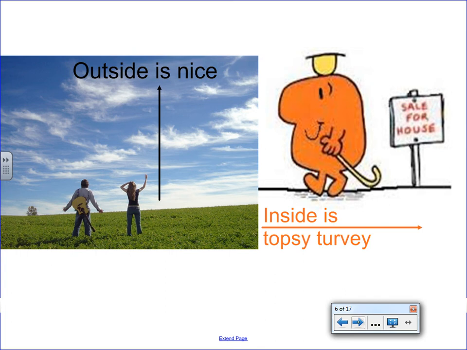And so you're going to actually fill in your booklet, if you haven't done so already, this information. If you forget which way round it is, think of outside as the clouds, looking up at the clouds, so you're looking vertically upwards for outside. So these are all the up and down transformations, and the topsy-turvy one, that's the one that's inside, that's the one that's all back to front.